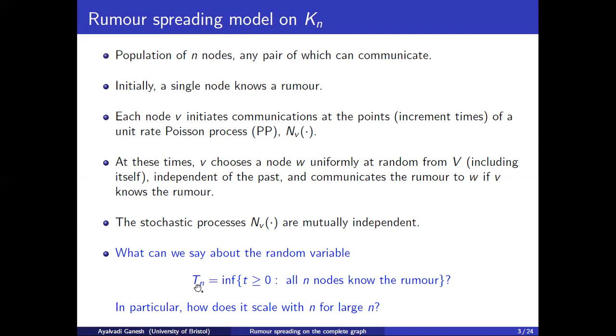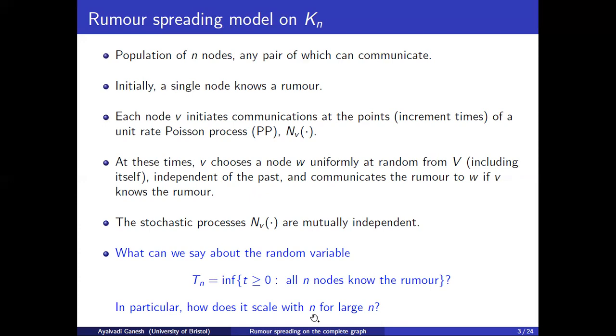Typically, we are going to be interested in what happens in large systems. So we want to let n go to infinity, and we want to ask, how does the time for the rumor to spread scale with n?